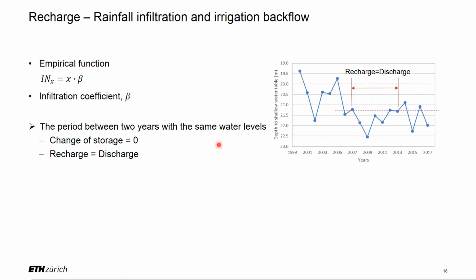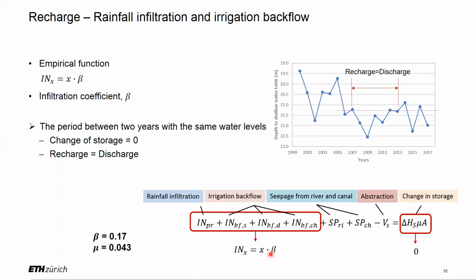Then the discharge equals the recharge. Now let's look at the water balance equation. During this period, the change in storage on the right side of the equation equals 0.